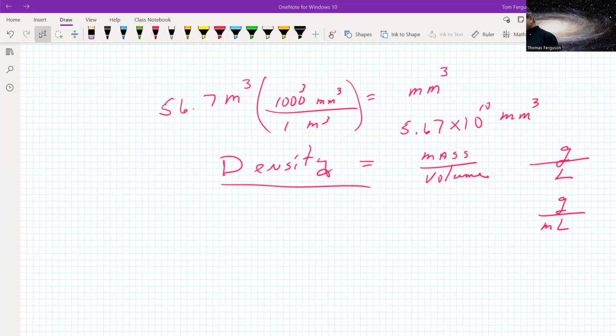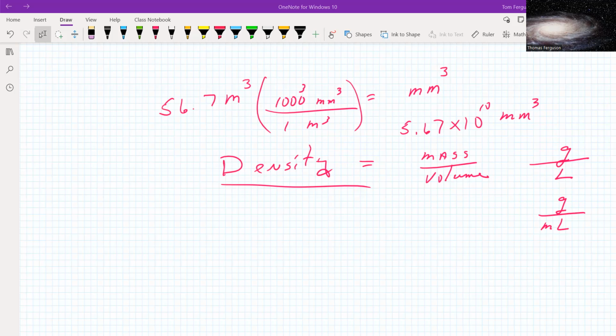Now here's an example of a density problem. The lead strip has a mass of 741 grams and a volume of 0.654 cubic centimeters. Who knows what another name for a cubic centimeter is? Anyone know? It's called a milliliter.